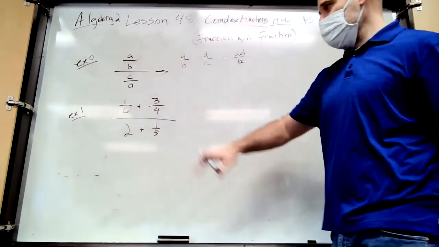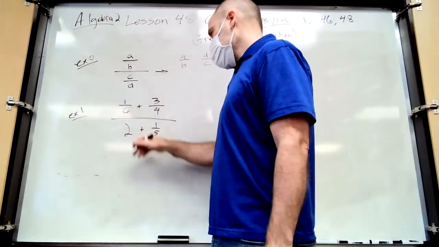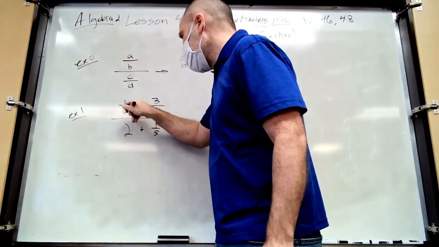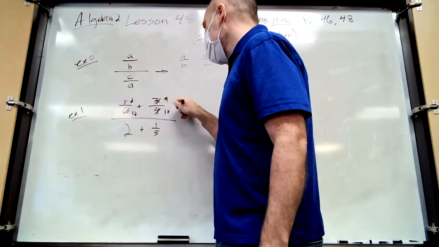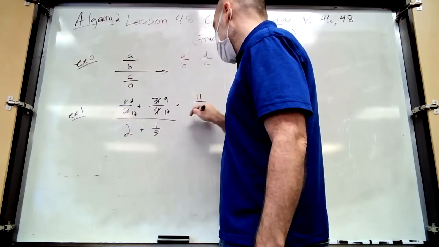How do you add fractions? Common denominator. So that's a 12 and a 2, and that's a 12 and a 9. So that becomes 11/12.